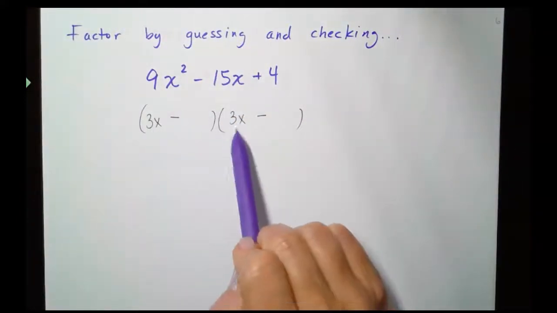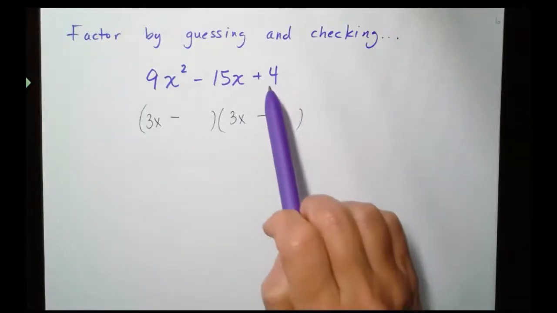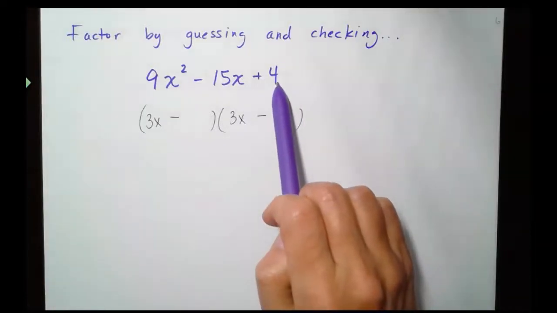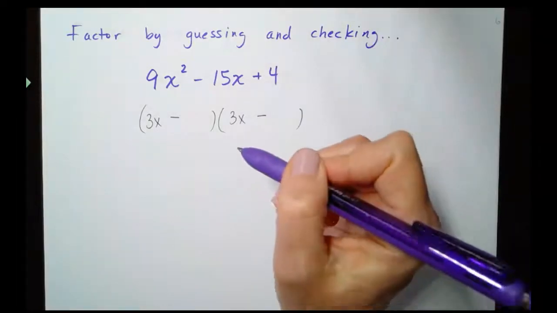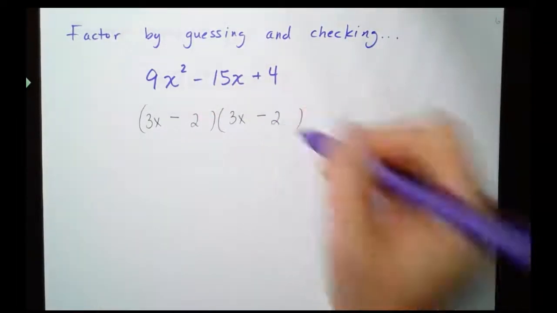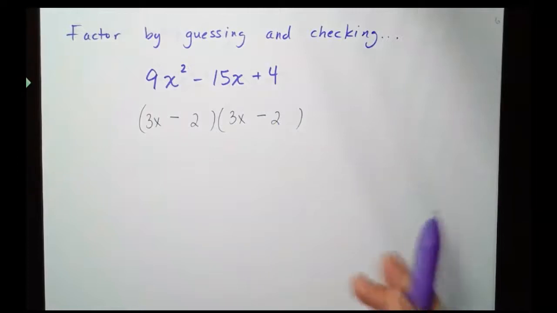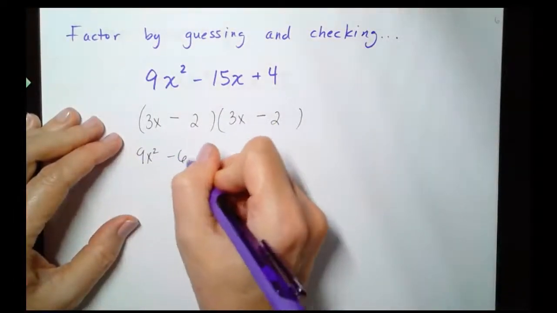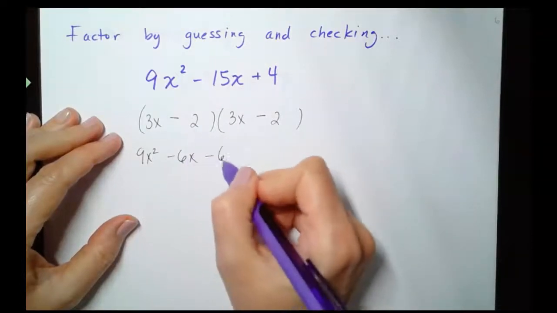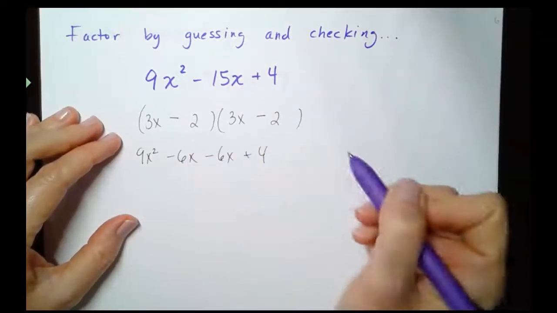So 3x gives us the 9x squared. Now, this is 4 and 1, or 2 and 2. But think about it. Let's put in the 2 and 2, and let's take a look at what we get. So first sides, outsides, insides, and last sides.